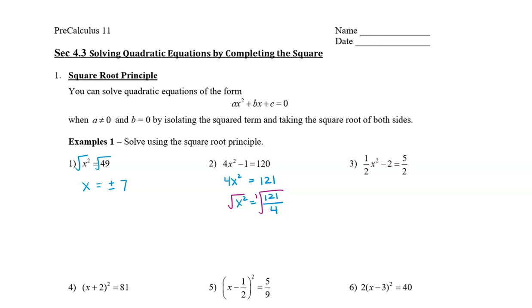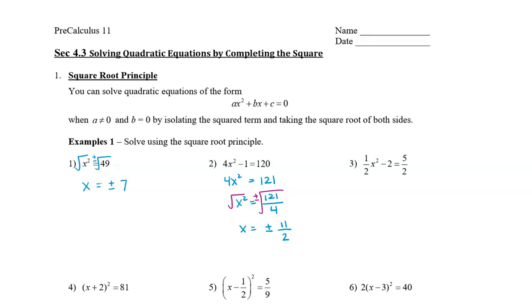And don't forget when we do that, we put the plus or minus right away. So actually I'll go back and put the plus or minus on the other one as well. So now we have x equals plus or minus, and the square root of 121 is 11, and the square root of 4 is 2. So we have plus or minus 11 over 2.